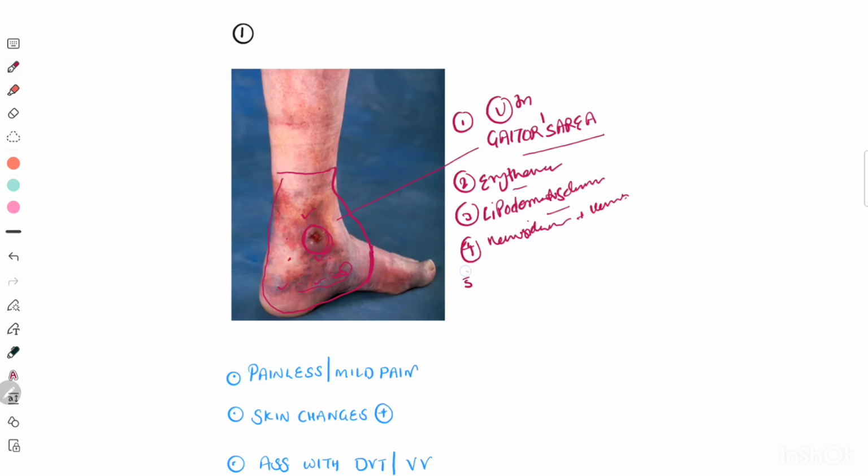You can see here there is an ulcer which has sloping edges. So for your information I can elaborate here.